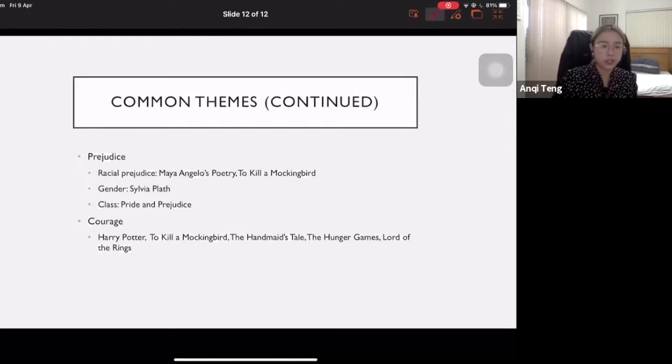The ability to push against prejudice is an example of courage. So you'll see how a lot of the texts we've talked about in this section do overlap, and we see that often.